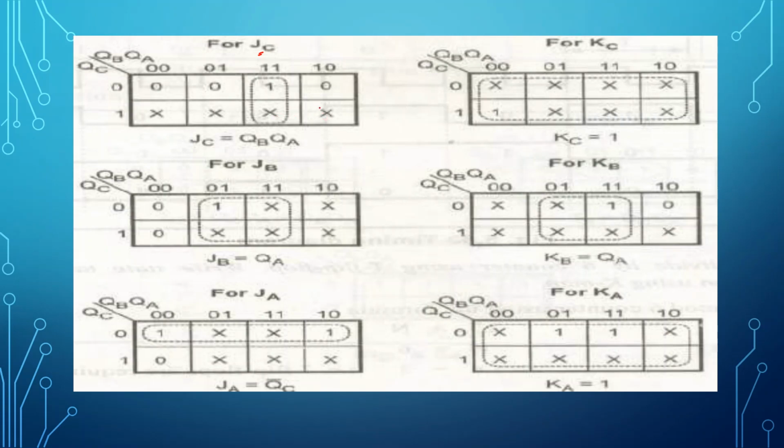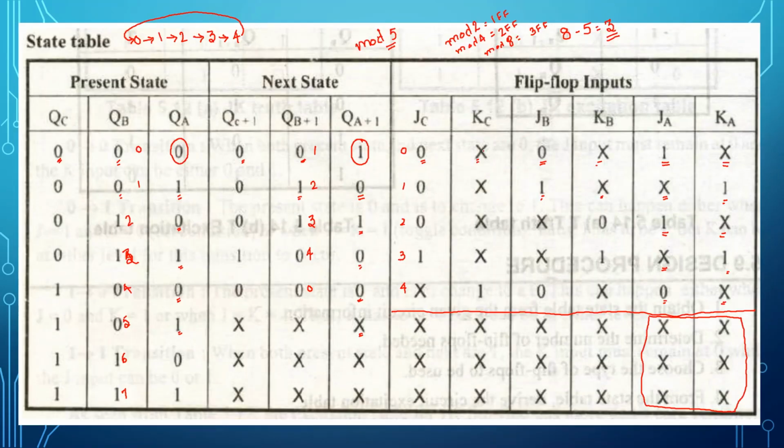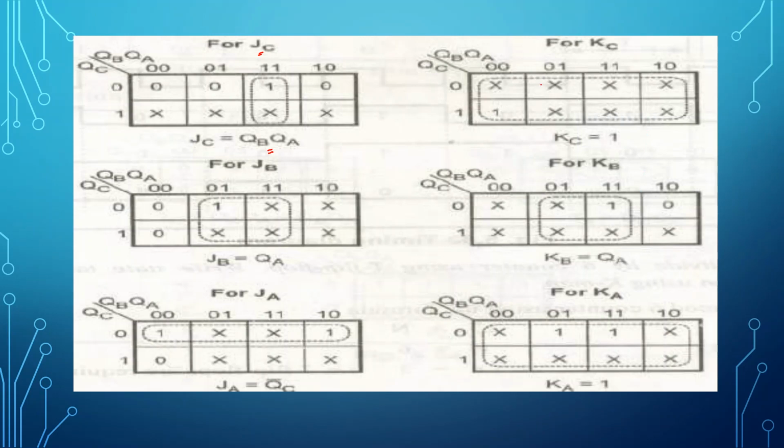After that, you group them and you get a formula for JC. JC is QB into QA. You can write it for KC. When you go for KC, you can check out x, x, x, x, 1, x, x, x. So for KC, you are writing x, x, x, x, 1, x, x, and x.